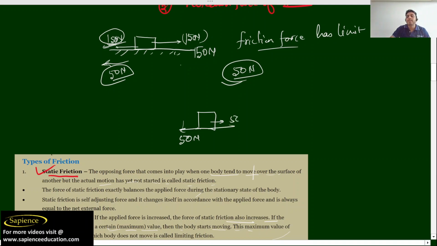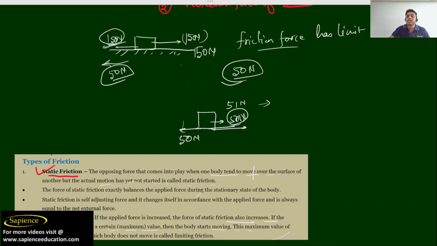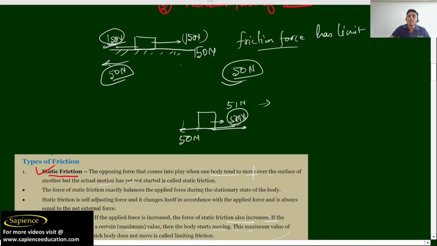If you apply 1 Newton more, what will happen? The body will start moving. If I apply 51 Newton, the body will start moving. It means the maximum friction force applied by the surface is known as limiting friction, and after that it won't increase.